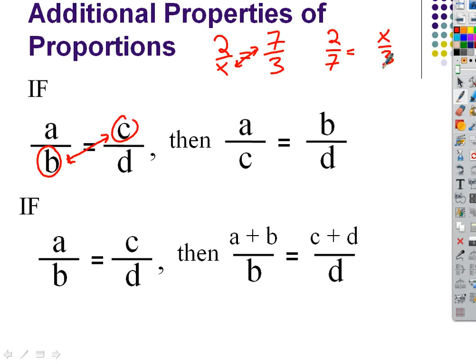And then what would I do to solve for x there? How do I undo dividing by 3? Multiply by 3. I could multiply each side by 3 over 1, and the 3's would cancel, and I would get x equals, if I multiply straight across, 3 times 2 is 6, over 1 times 7.